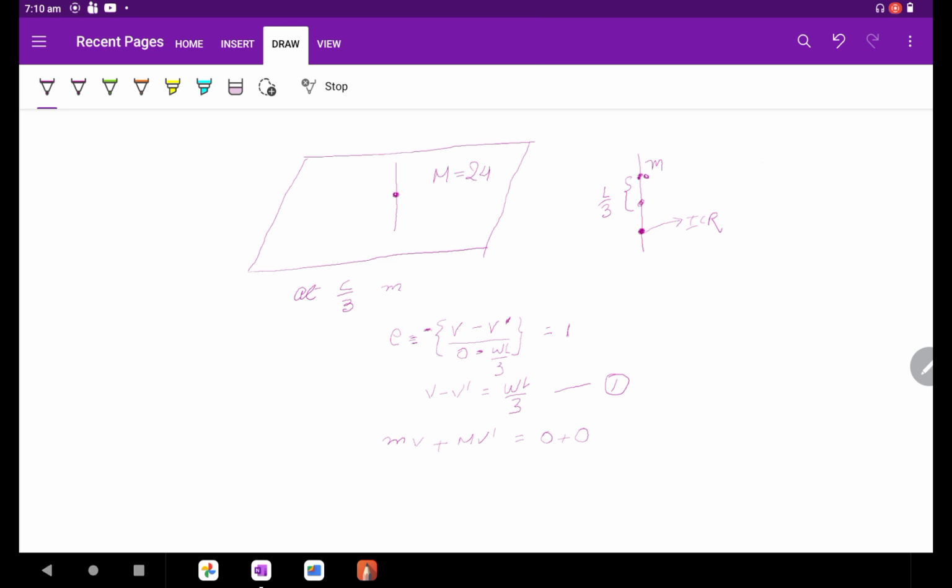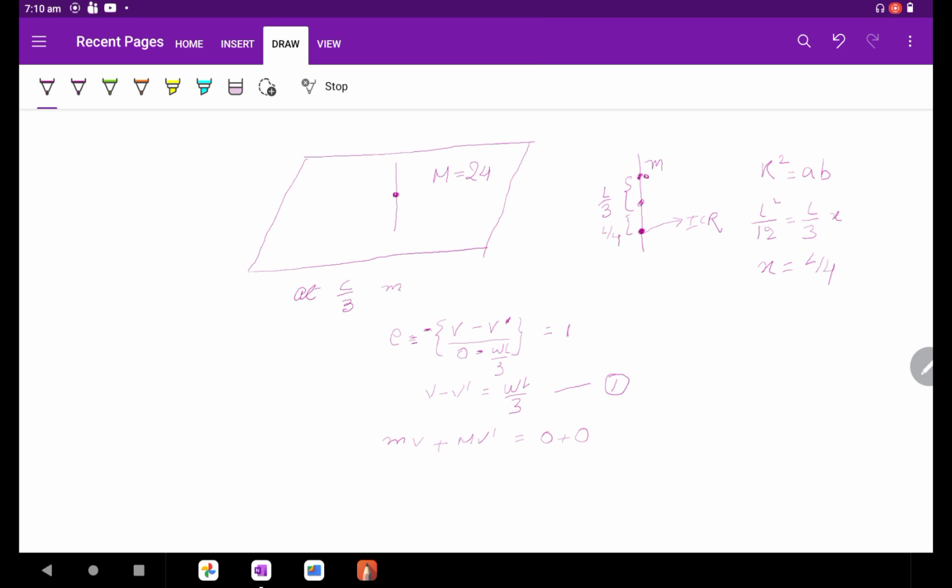We use the equation k square is equal to AB here. So L square by 12 is equal to the point of impact, L by 3, into x. It gets us x is equal to L by 4. So this is L by 4 from the center of the rod.